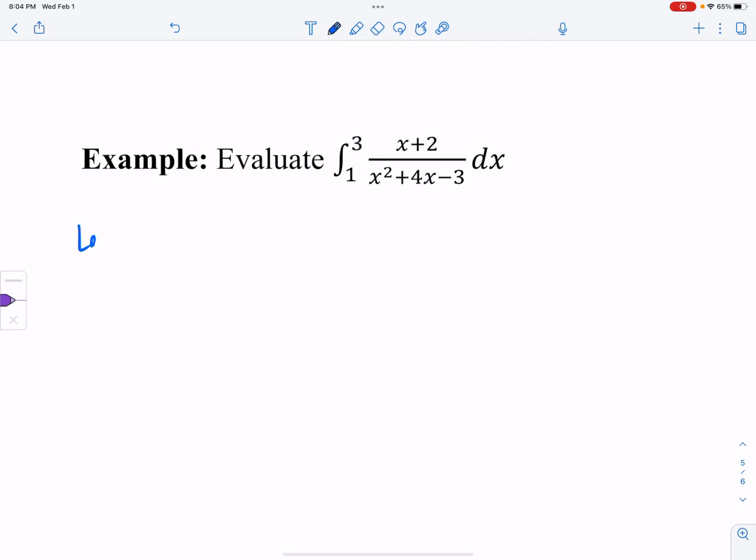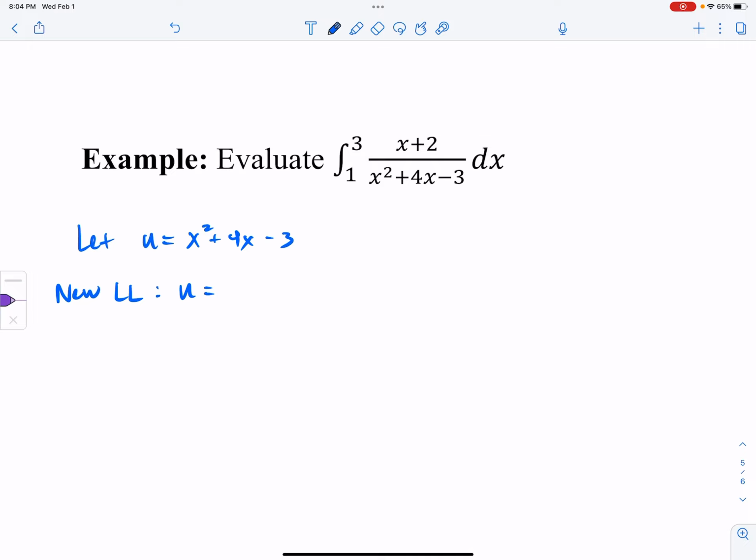Okay, so let's let u equal to the denominator, because notice that the denominator, when we take the derivative, would end up canceling with the numerator. So we'll have u equal to x squared plus 4x minus 3. Let's find our new, I'm going to call it LL, lower limit.